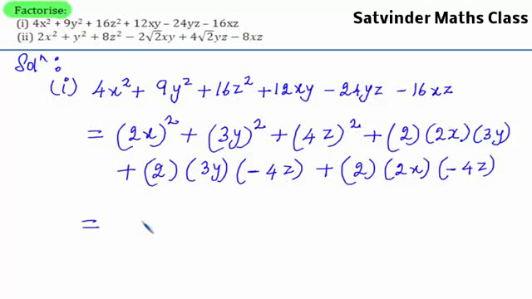This can be written as 2x plus 3y minus 4z whole square.